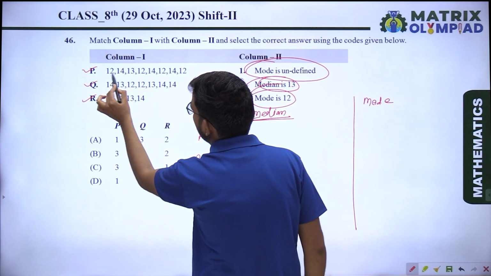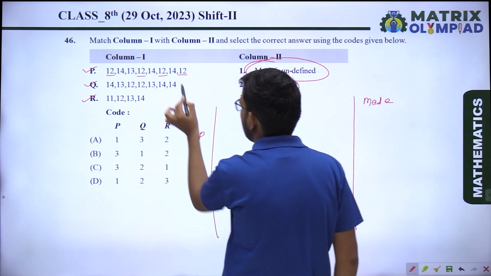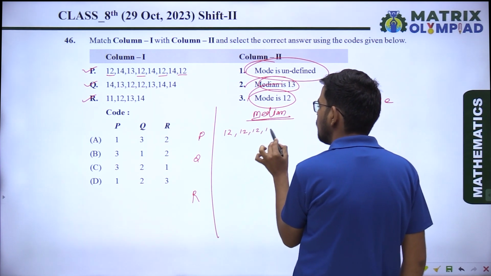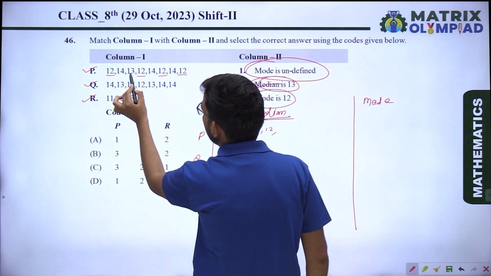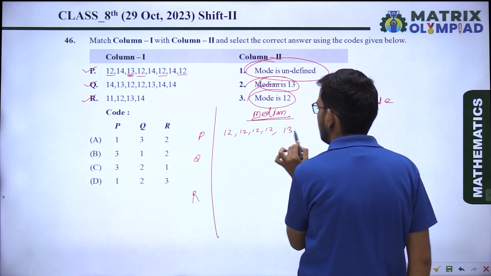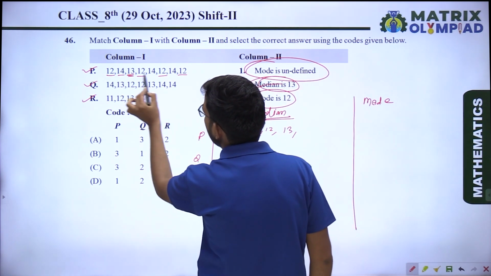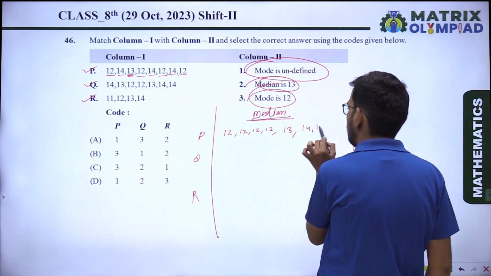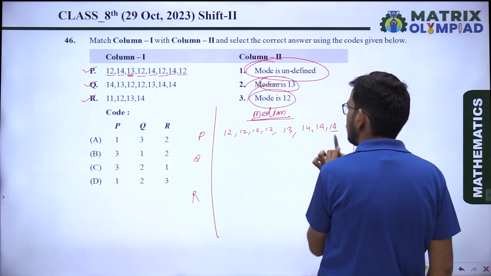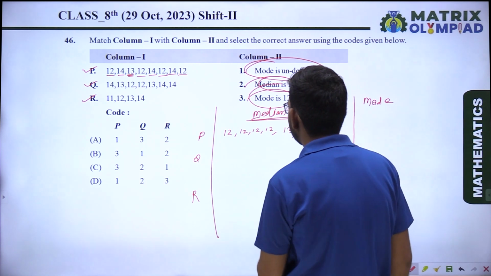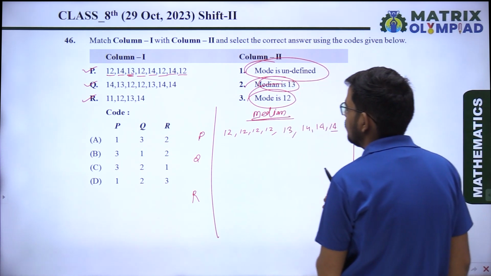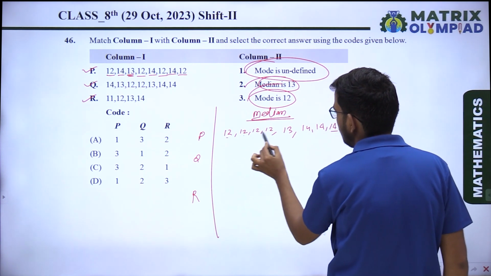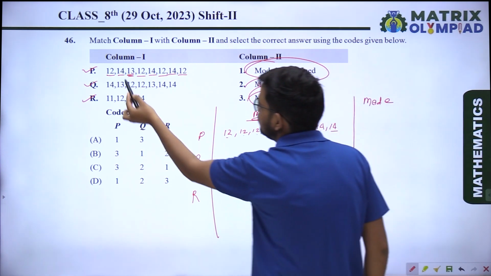12 is repeating 4 times, 13 repeating 1 time, and 14 repeating 3 times. So the median: you are getting 8 terms.